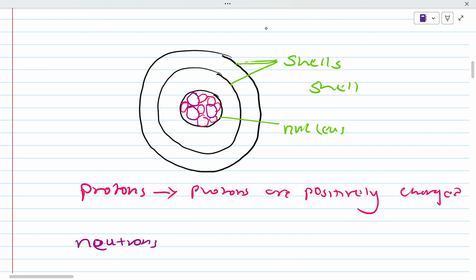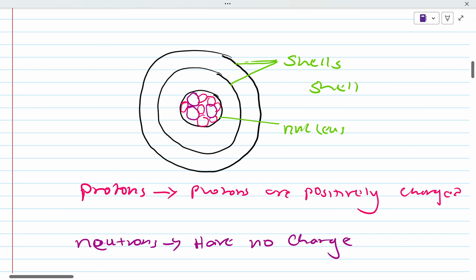While neutrons, sorry, neutrons have no charge.